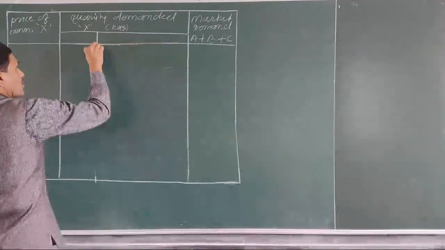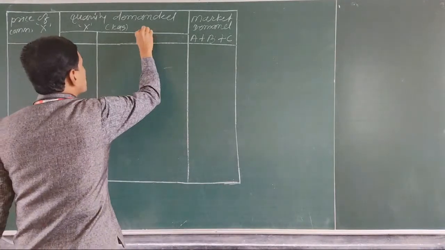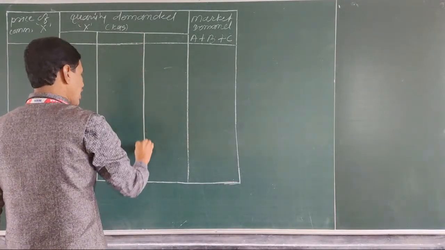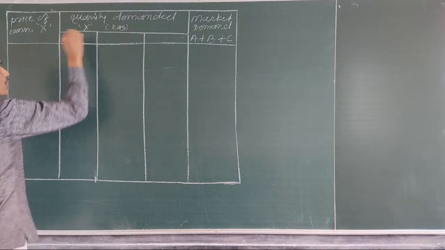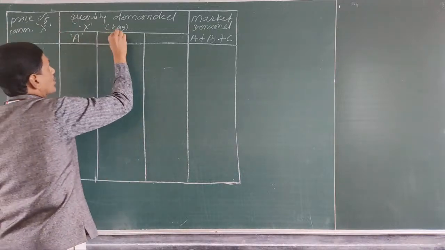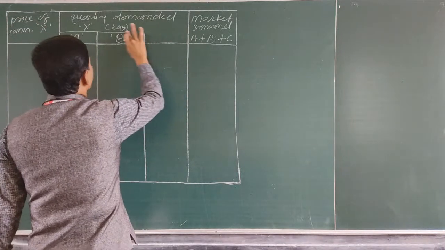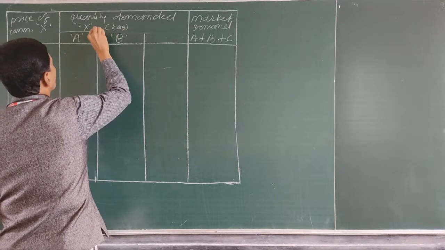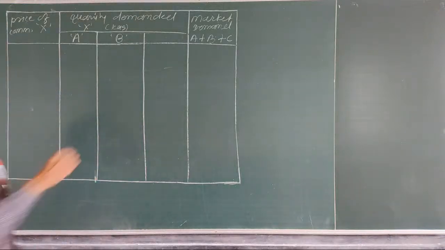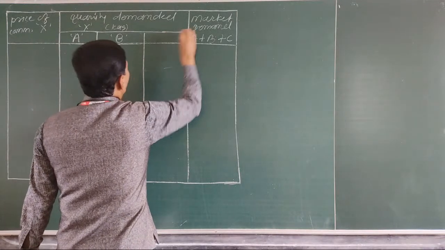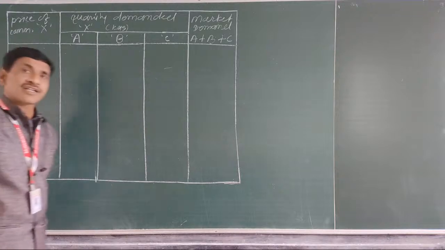Then suppose there are three consumers in the market. That is an imaginary example given by economists. So consumer A, consumer B, then consumer C. Okay, A, B, C. Look at that.